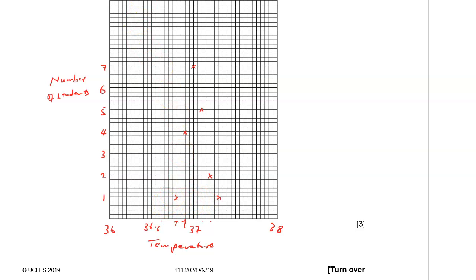I choose a different color to make the graph clear. Draw the graph. The graph will look this way. You'll pardon my drawing. Yeah, the graph will look like that. We are done. Of course, temperature here you have to include is in the unit degrees Celsius.